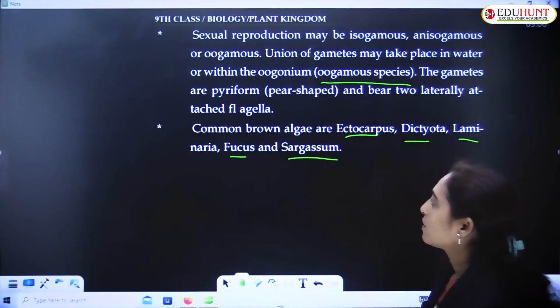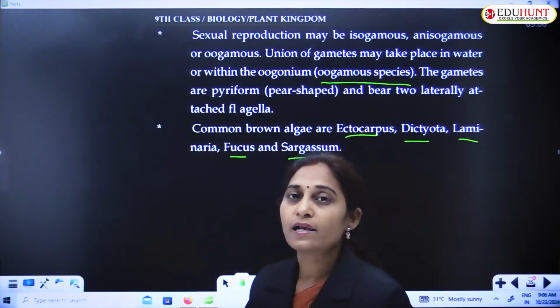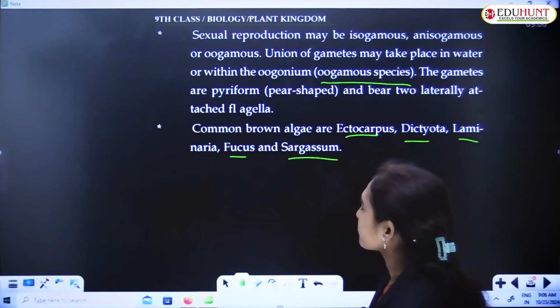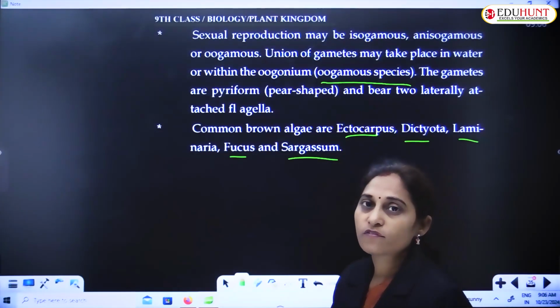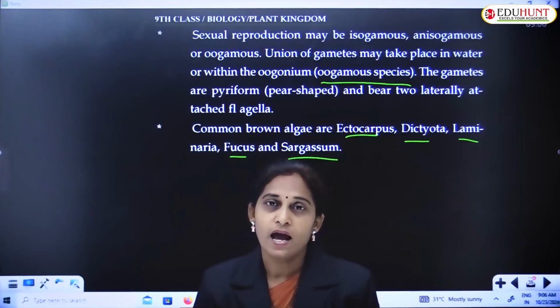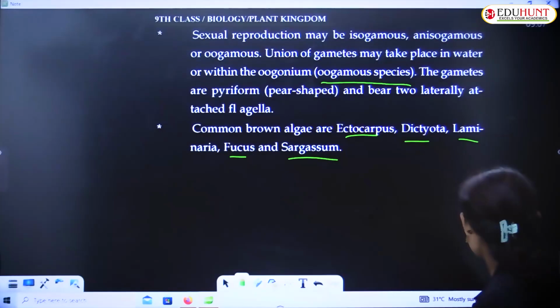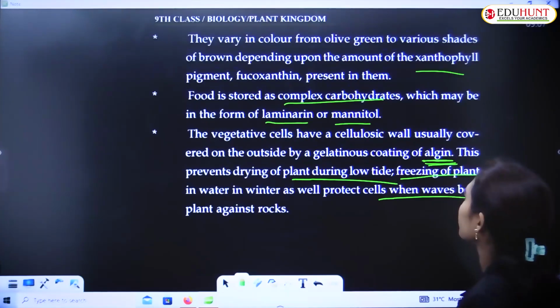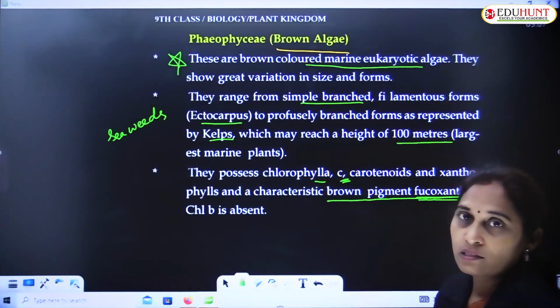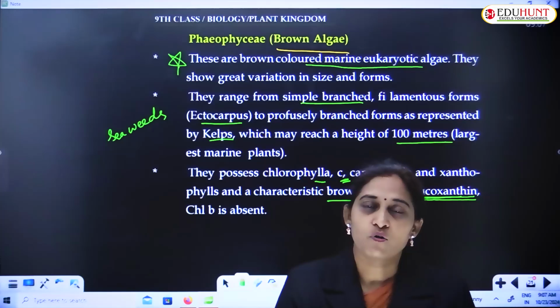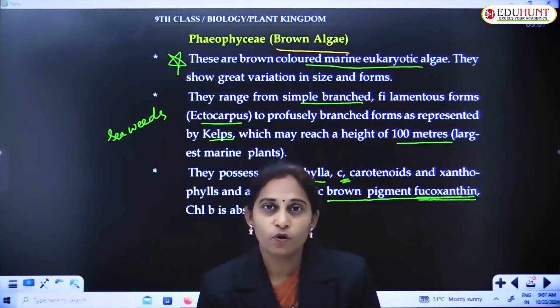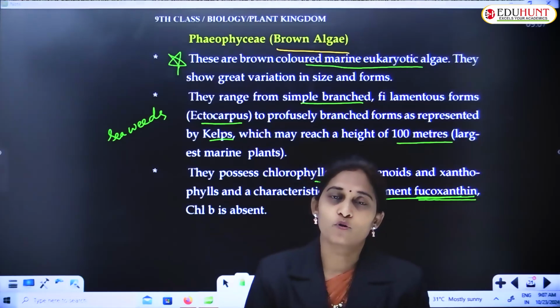These are the common brown algal members. Okay, these are the characteristic features of the brown algae, Phaeophyceae. Let's see what are the unique features of the Phaeophycean group.